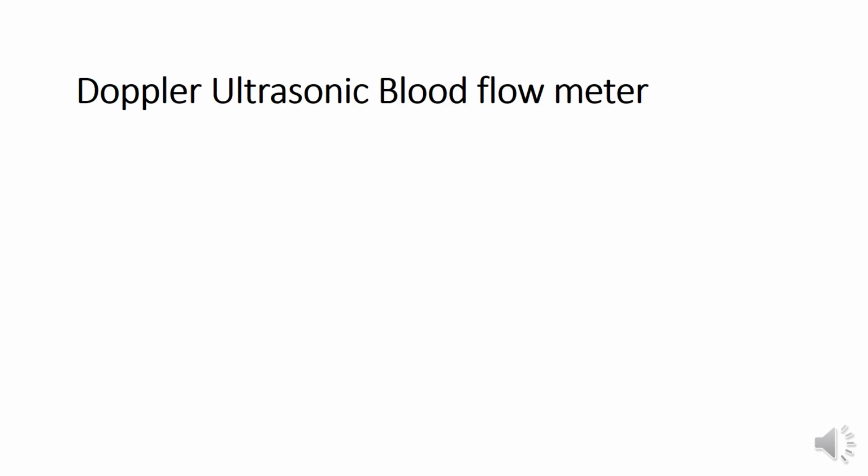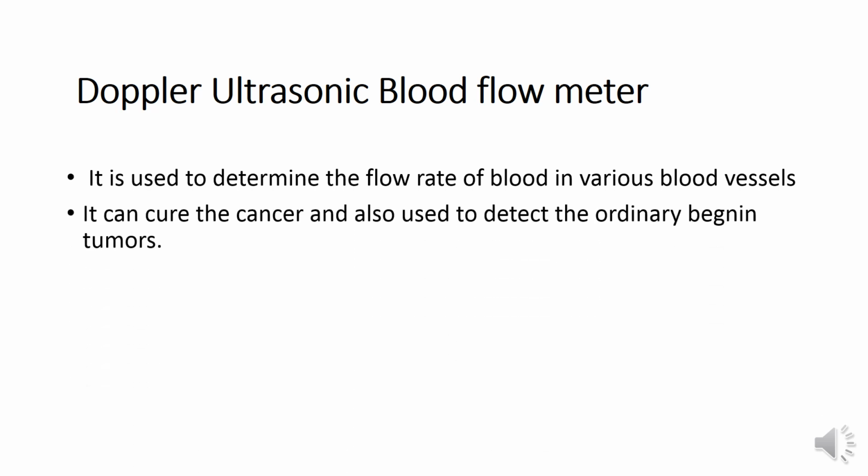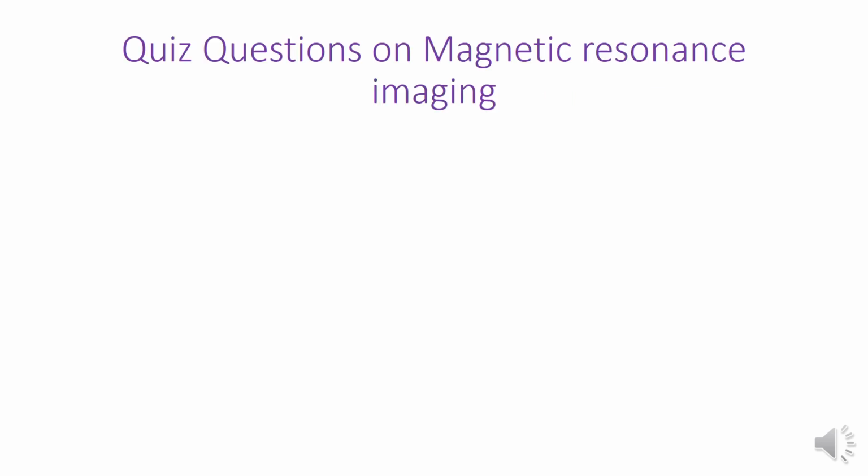Then the Doppler ultrasonic blood flow meter is used to determine the flow rate of blood in various blood vessels. It can cure cancer, and it is also used to detect ordinary benign tumors. Ultrasonics are also used to fix fractured bones at the proper place in the body. In this method we have to use the ultrasonic blood flow meter.